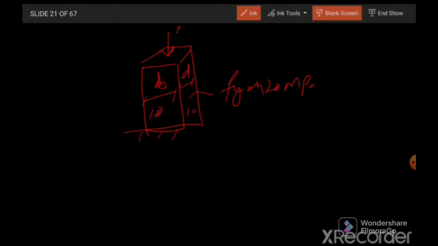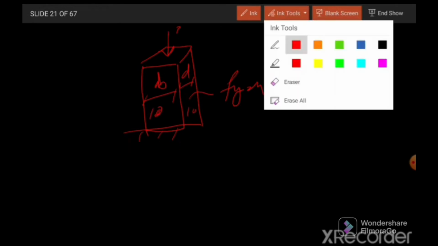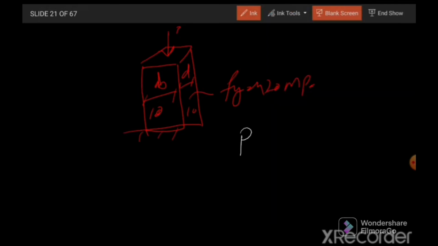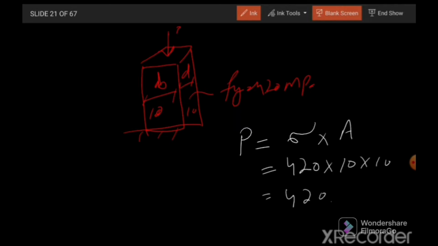So P will be equal to sigma into area, or stress into area. Stress here is 420 and area is 10 by 10. So 420, or we can say 42 kilonewtons.